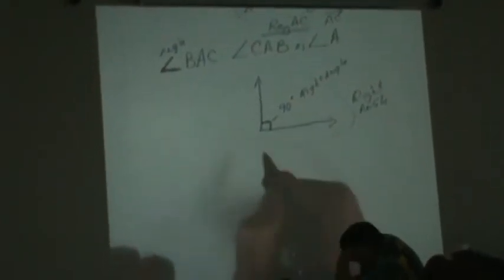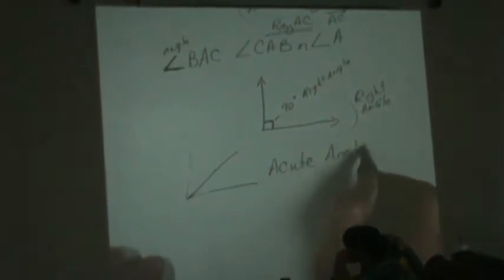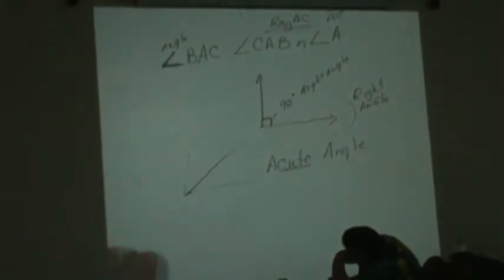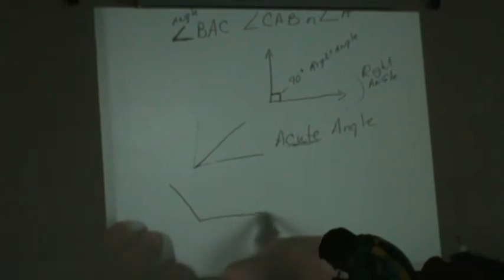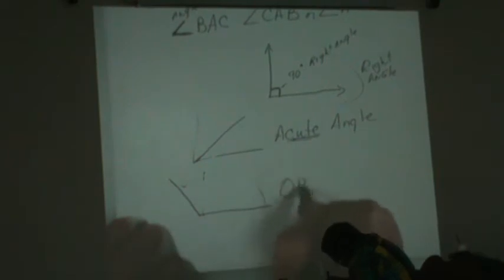If you have a small angle that's less than 90 degrees, it's an acute angle. Kind of like a little bitty cute one, it's less than 90, acute one. And if you had an angle bigger than 90 degrees, it's obtuse.